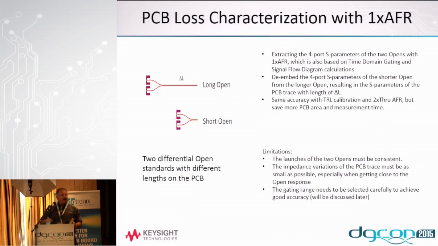Now, again, there's limitations we need to be aware of. Again, the launches have to be consistent. That's without saying. The impedance variations of the trace must be as small as possible, especially when you're getting close to the open response. And this has to do with controlling the EMI fields at the end of the open.